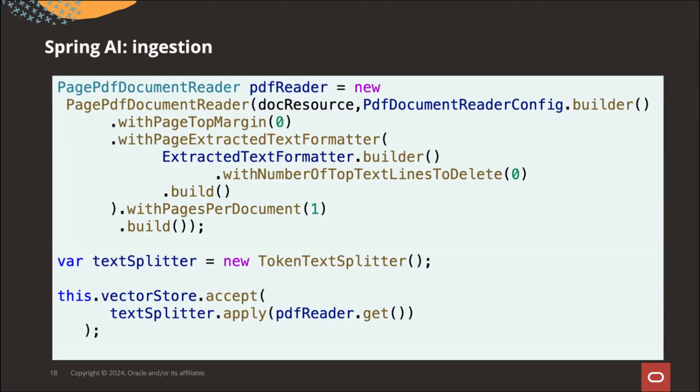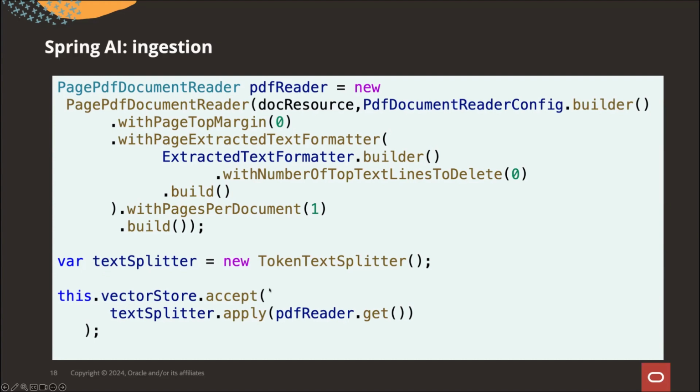In terms of the first phase, the ingestion, Spring AI already provides the capability to take a PDF as input and perform chunking and a transformation into text, specifying, for example, how many pages you want to include in a single document, or whether you want to avoid the top margin of the document.